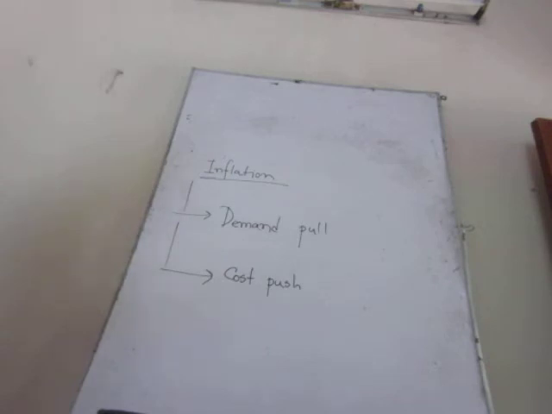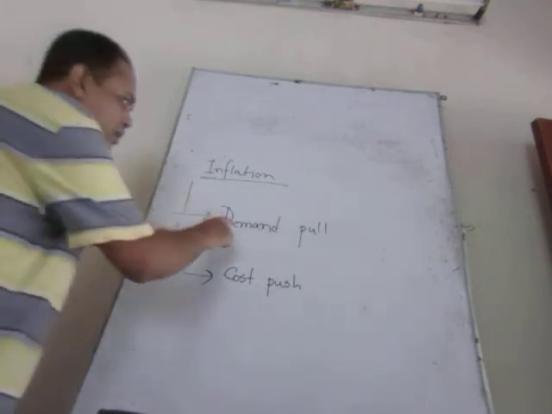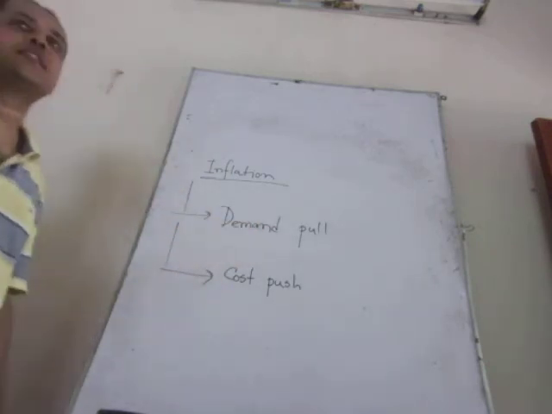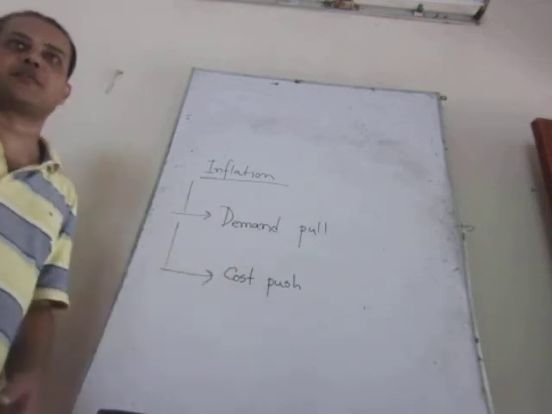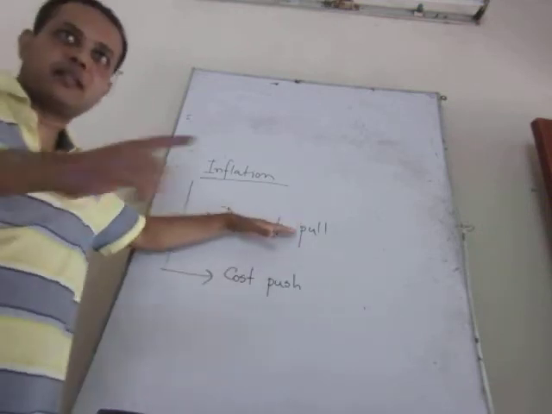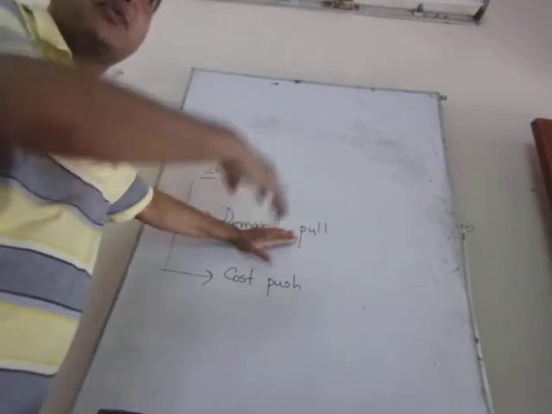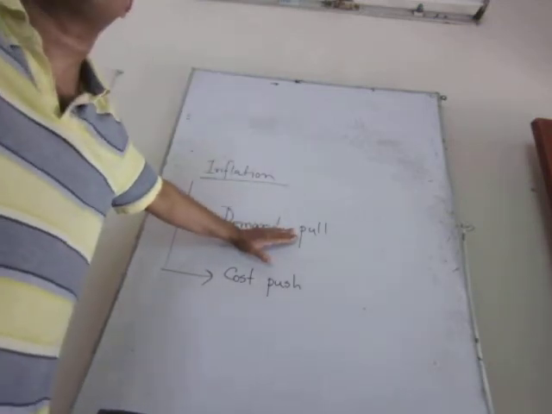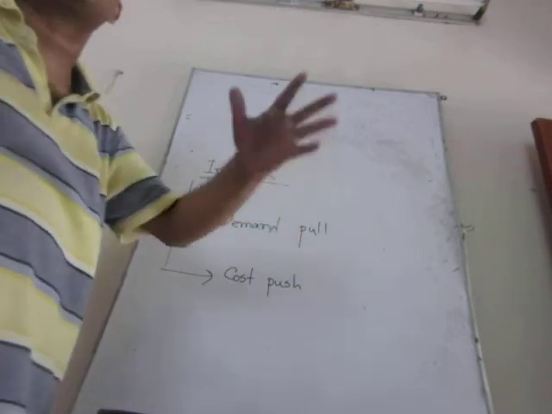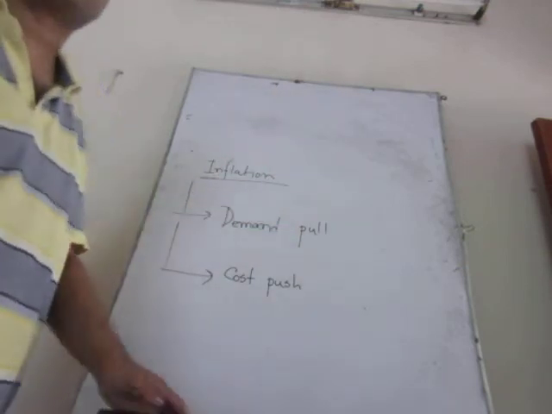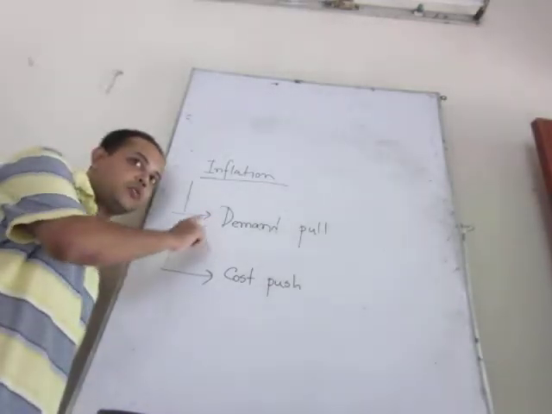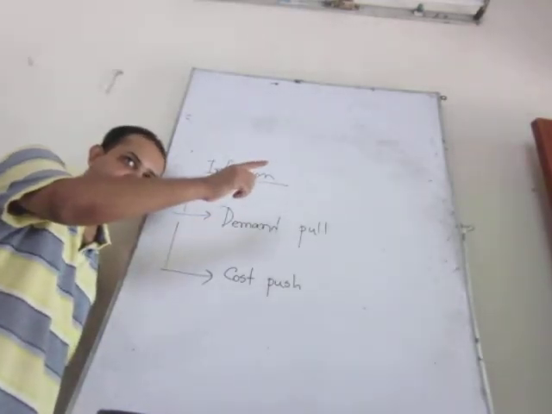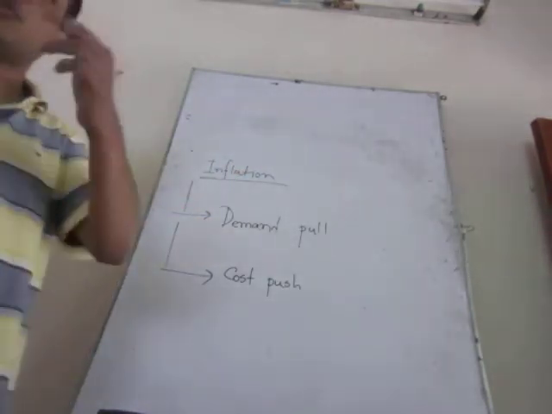Now another important thing: we have discussed this demand pull and cost push according to theory, but in real terms, demand pull inflation doesn't mean that the company can make a huge profit. According to theory, in the case of demand pull, with huge demand the company can go for massive production, charging more, profit will be more, right? But the fact is, in reality, when there is huge demand, the company needs to cope with the demand.